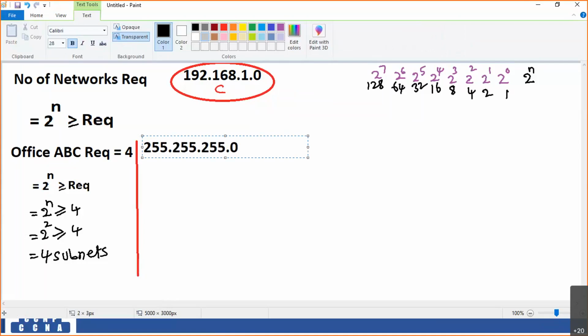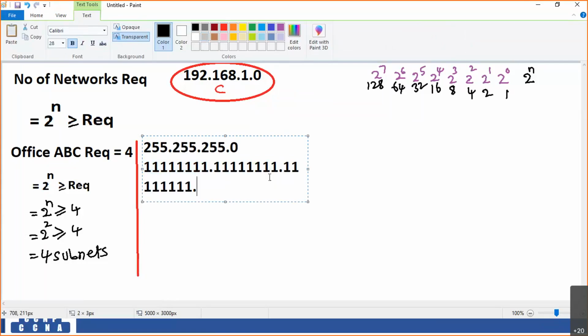So try to write this 255.255.255.0 in binary: 8 ones, dot, and then 8 zeros. This is the binary form, right?